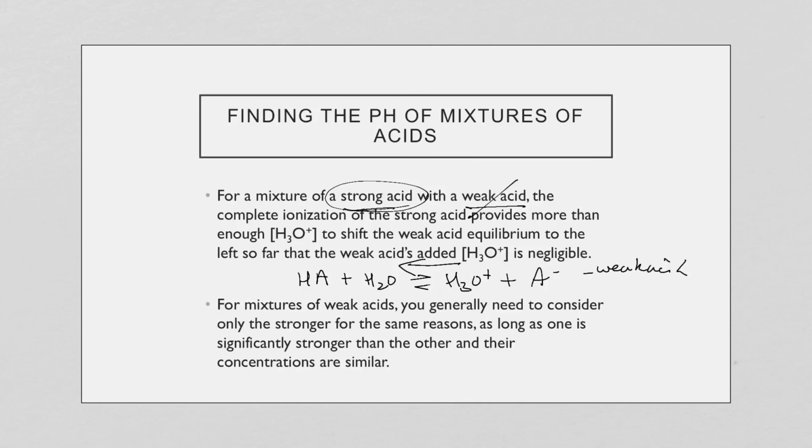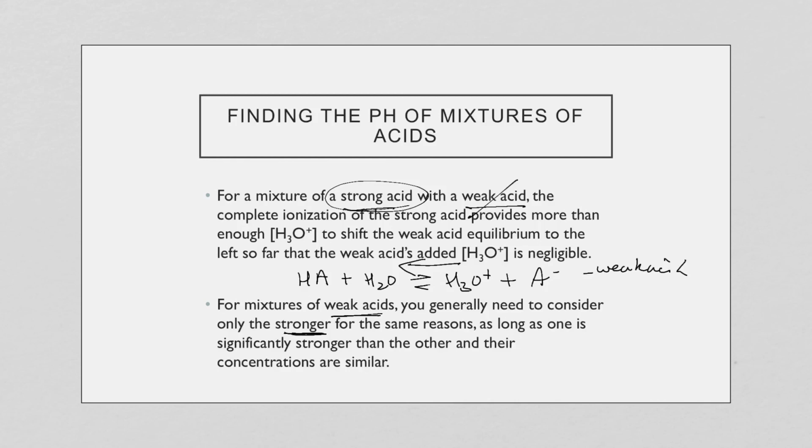If we have a mixture of weak acids, generally speaking, we can do something similar. Generally, we only need to worry about the stronger of the weak acids. Now, how do we know which one's stronger?